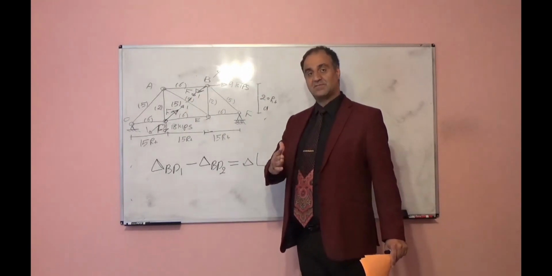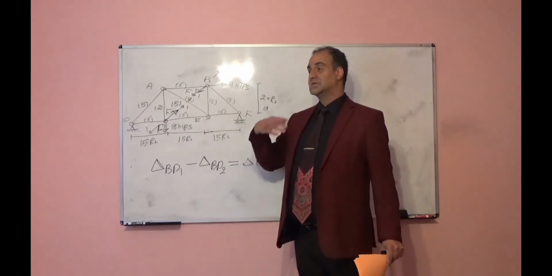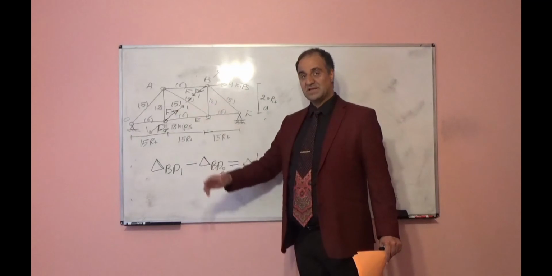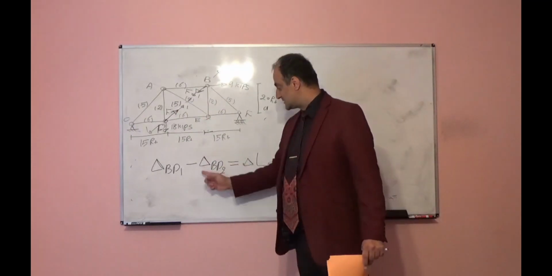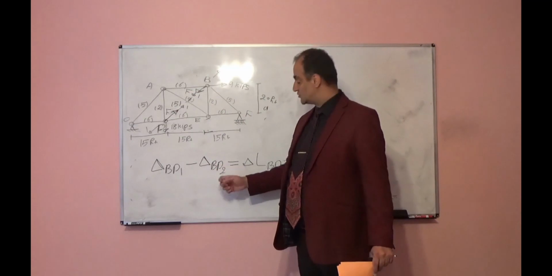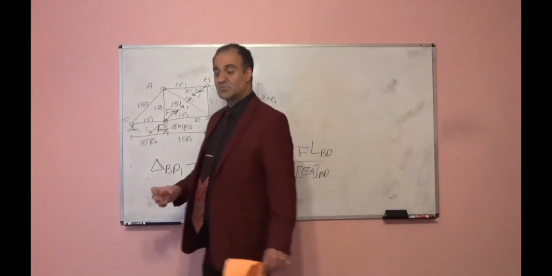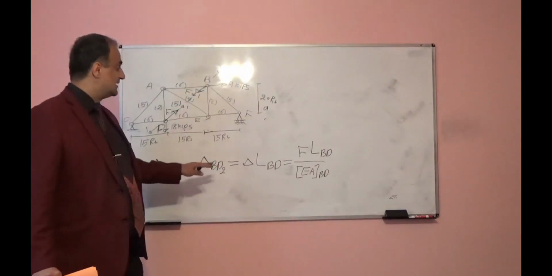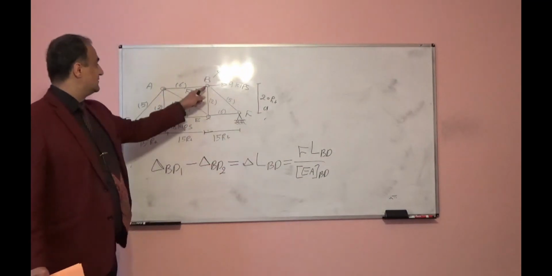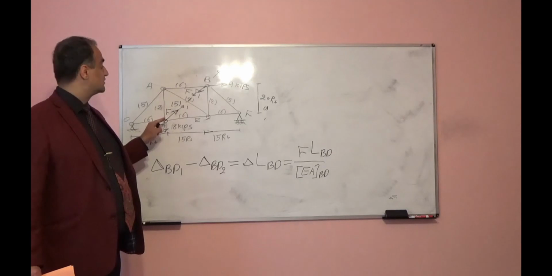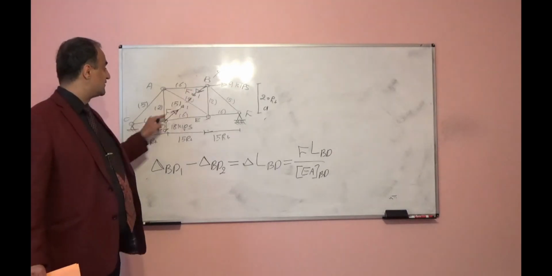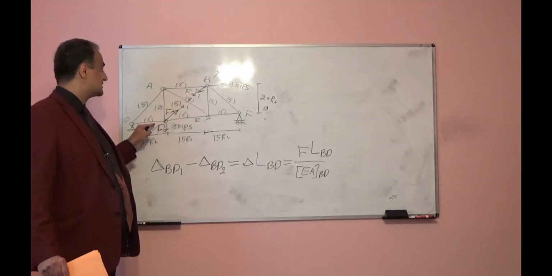Again, the internal force under this virtual load times the internal force under this F times the length of each member divided by EA will give us delta BD2. So delta BD2 will be in terms of F. That should be equal to, because in reality we have a member here, the elongation of this member.